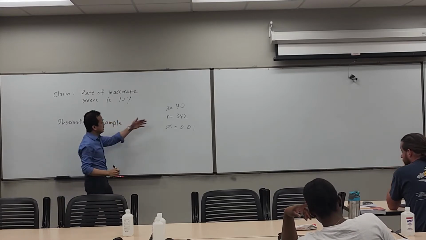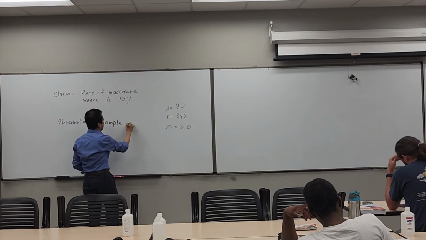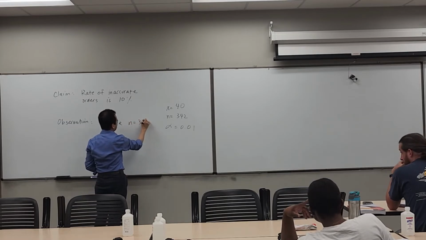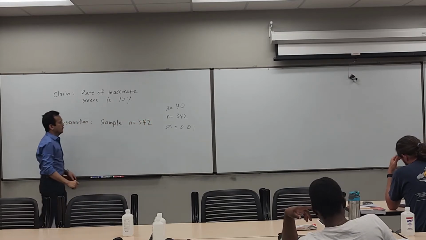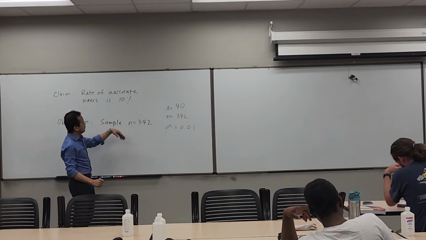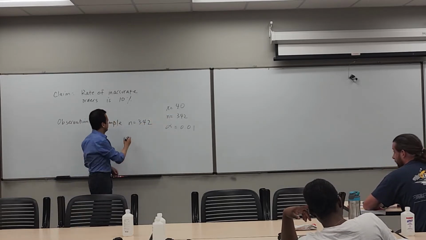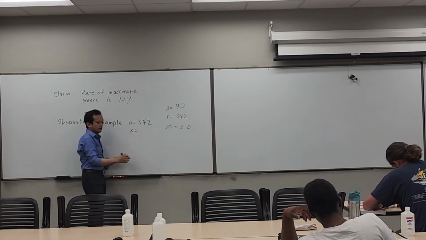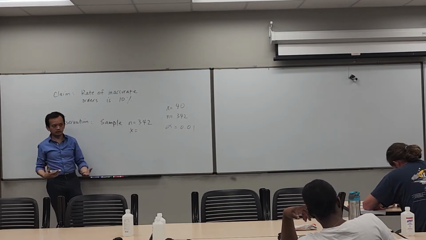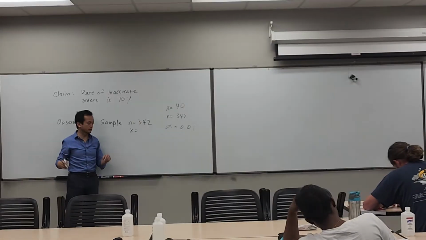So this is your sample that's given. So you have a sample of 342 orders. And of those, the number that are inaccurate is 40. So X is the number of successes. In this case, success is inaccurate orders.